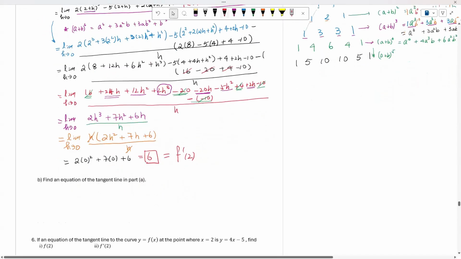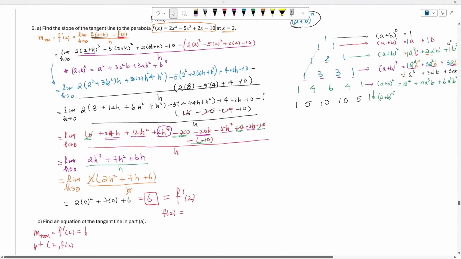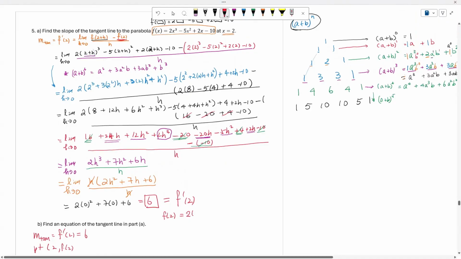And now let's see how we find the tangent line. So the slope of the tangent is f prime of 2, which is 6. The point is (2, f of 2). Okay, again, f of 2 is equal to 2 times 2 to the power 3 minus 5x squared plus 2x and minus 10.